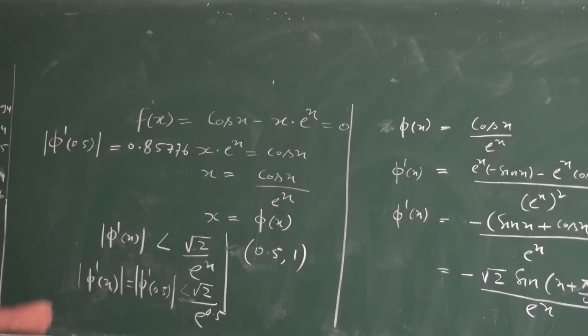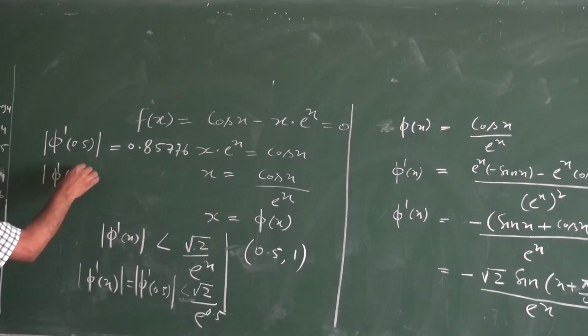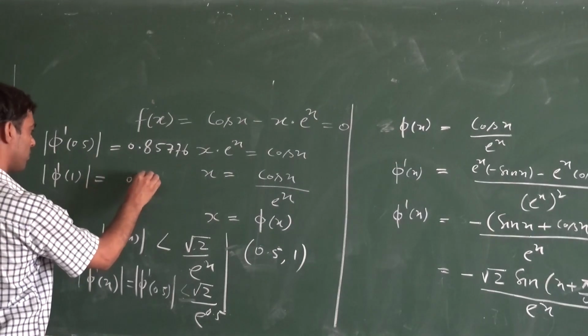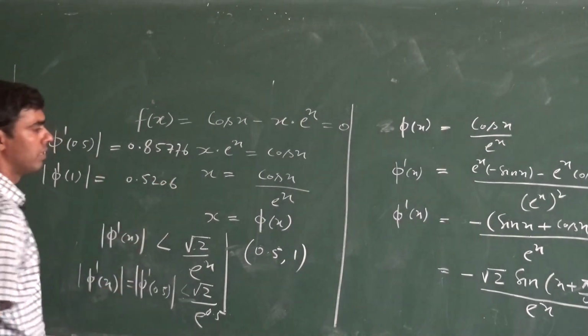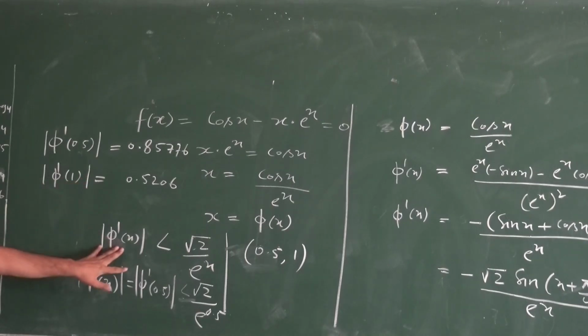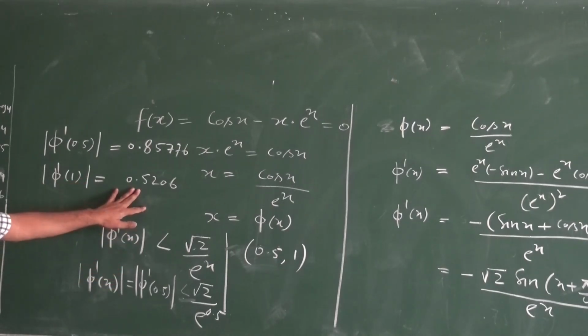Obviously this is less than 1, and if you find out mod of φ'(1), this is equal to 0.5206. So at 0.5, the value of mod of φ'(x) is less than 1. At 1, it is also less than 1.